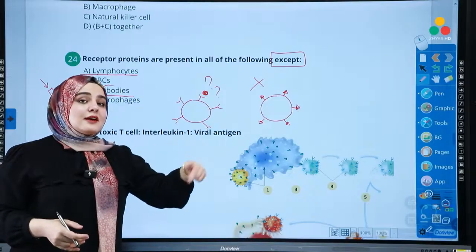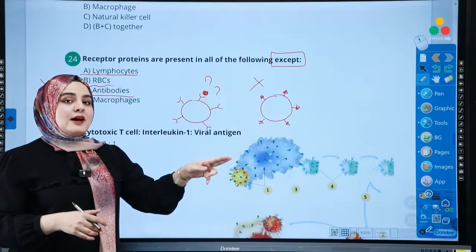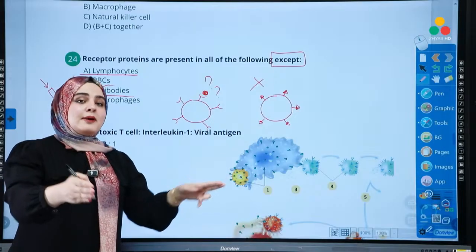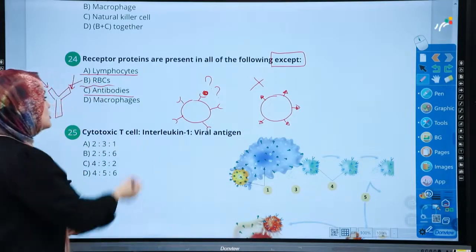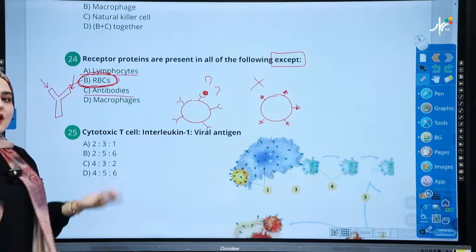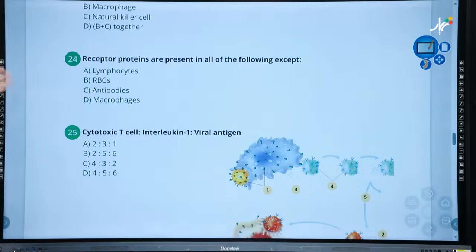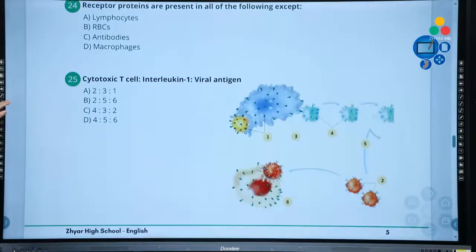Yes, they cannot recognize the type, but they do know this is not a body cell and this is a foreign body, by receptors. So these are receptors too. The answer is RBCs. So red blood cells don't have any receptor protein.